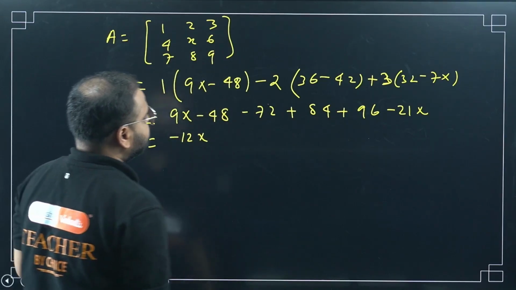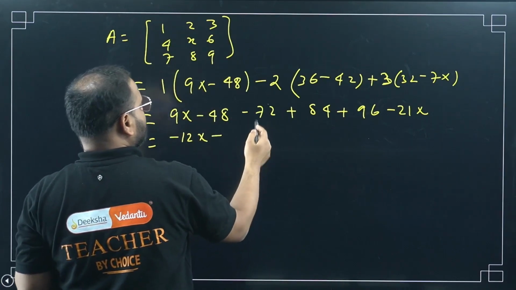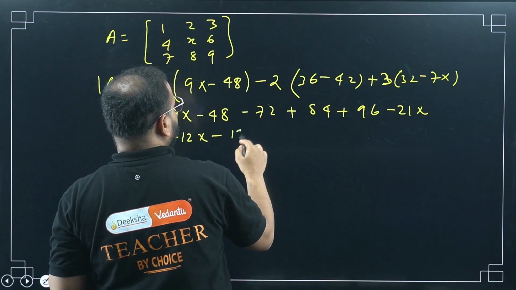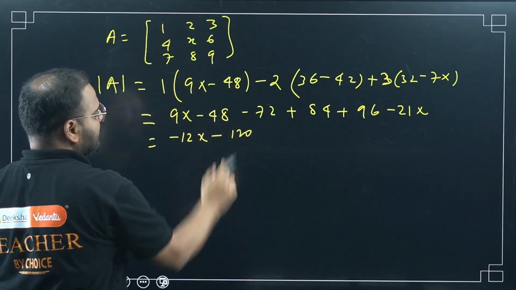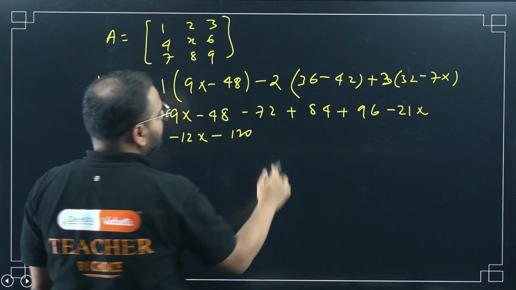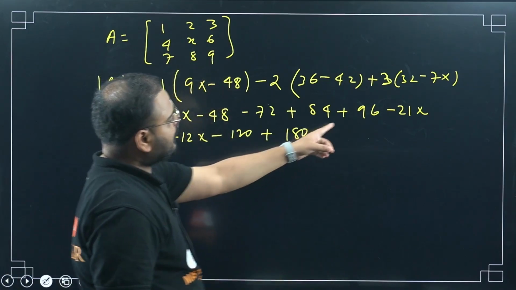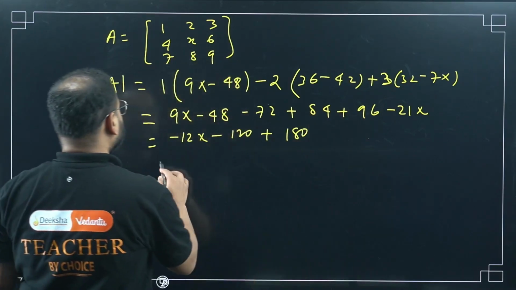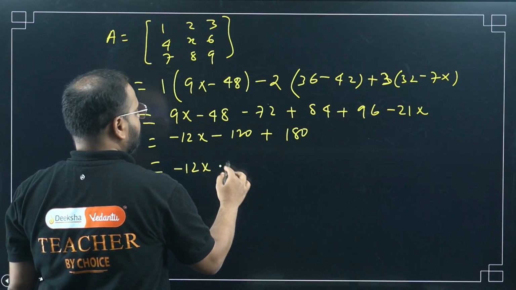Now add positive and negative constants. Minus 48 plus 84 minus 72, so 8 plus 2 is 10, 7 plus 4 is 11, and 1 carry, minus 120? And this will be 180: 96 plus 4 is 100, plus 80 is 180. Simplify this, please. Determinant of A is equal to minus 12x plus 60.